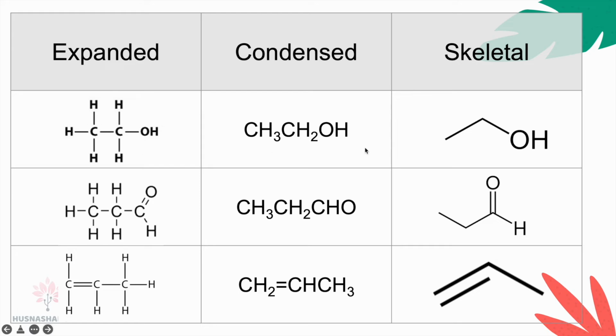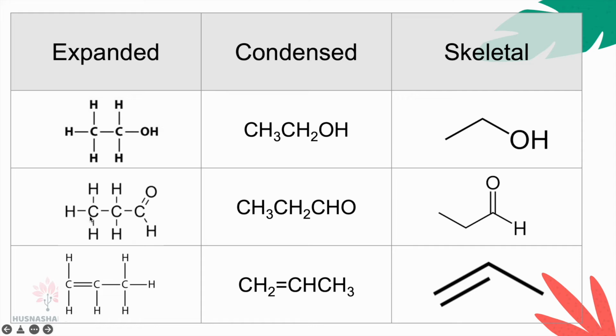We have CH3 here. So the first carbon here, C, and then H3. The C single bond H is not shown in skeletal structure. Hydrogen is not shown in skeletal structure. Okay, the CH3, and then here CH2 and OH. This is a functional group, so you have to write down the functional group in skeletal structure.